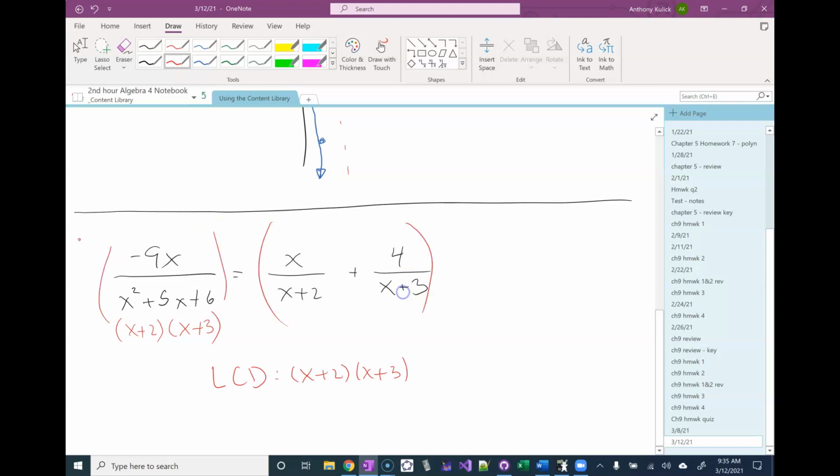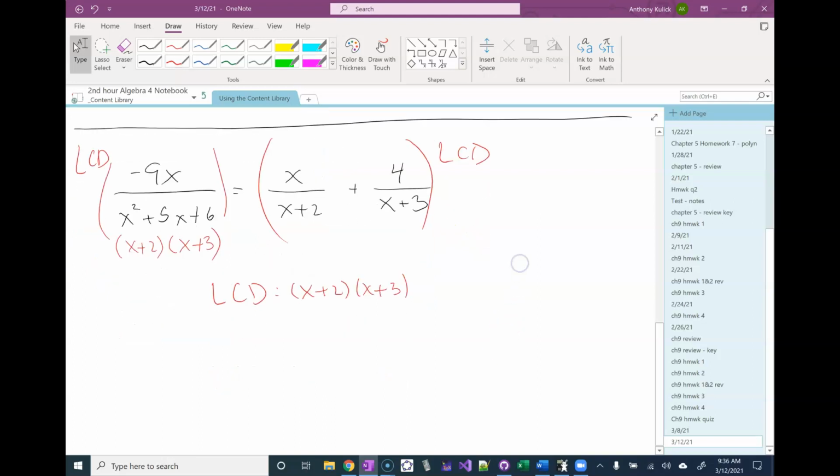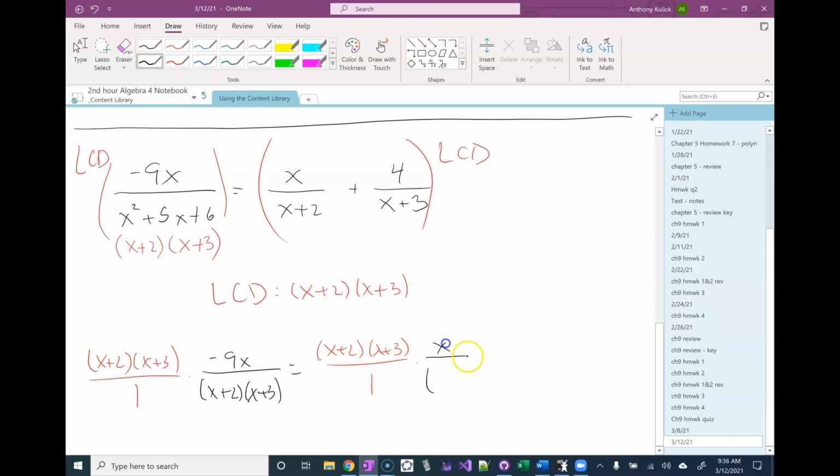So what I'll do now is multiply both sides of my equation by the least common denominator. When I multiply it to the left hand side, I have this, and when I multiply it, I get that LCD times the first fraction plus the LCD times the second fraction.